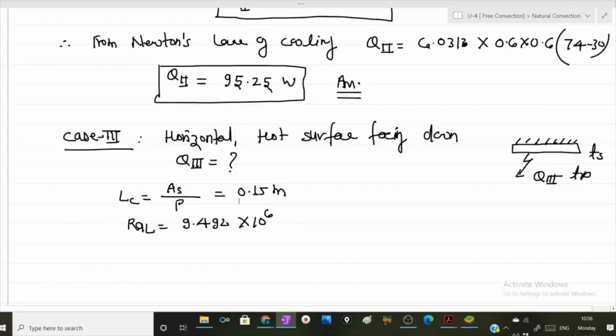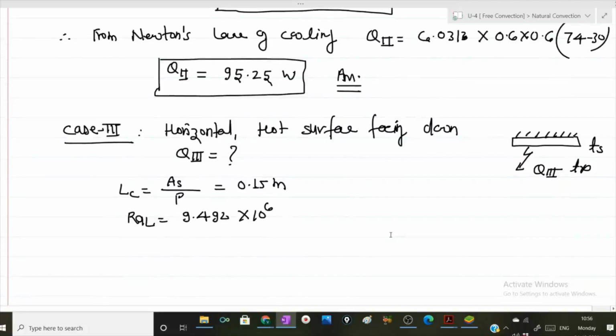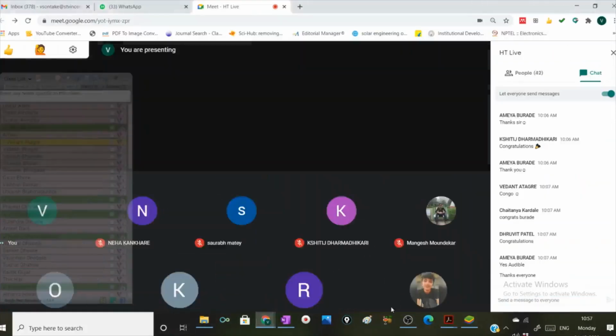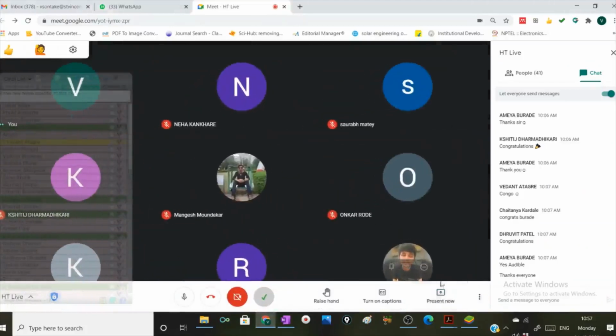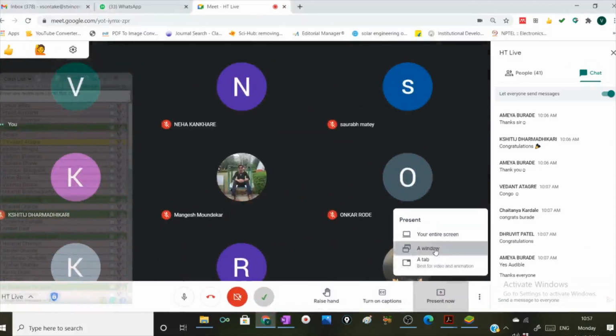Now from the heat transfer data book, once again find out the expression for Nusselt number. So once again refer to the data book.